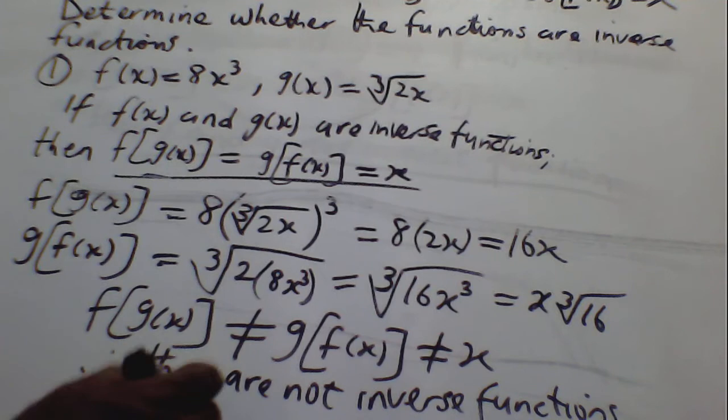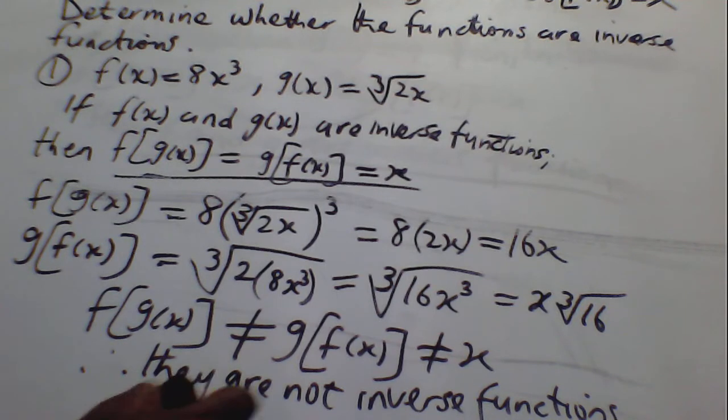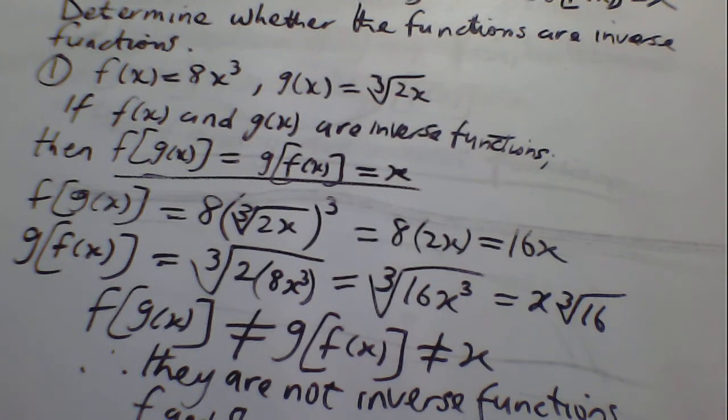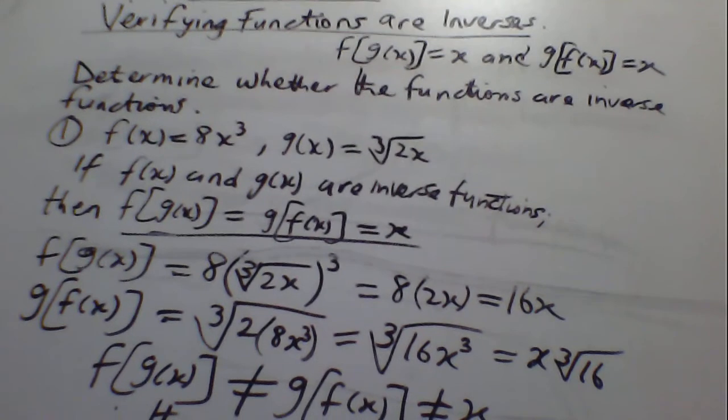That is, f and g are not inverse functions. So since this doesn't hold, they are not inverse functions. So let's do more examples, to see if we can get an example that will give us functions that are inverses to each other.